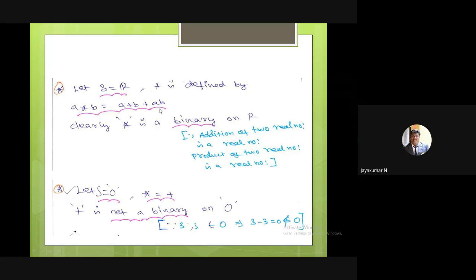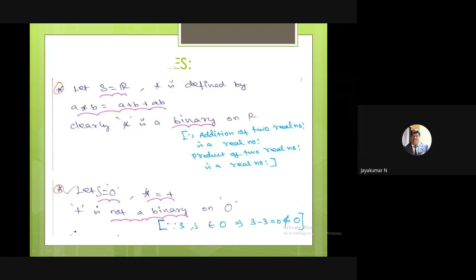So the binary operation is defined by a star b as a plus b plus ab. Whether it is binary or not: clearly binary, because a and b belong to R, addition is binary in R, and the product is also binary in R. Finally a plus b plus ab is binary in R.